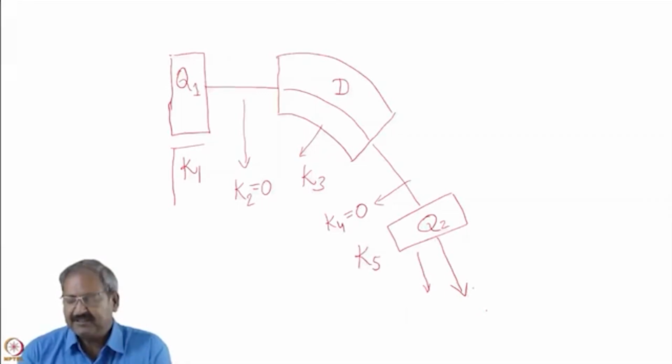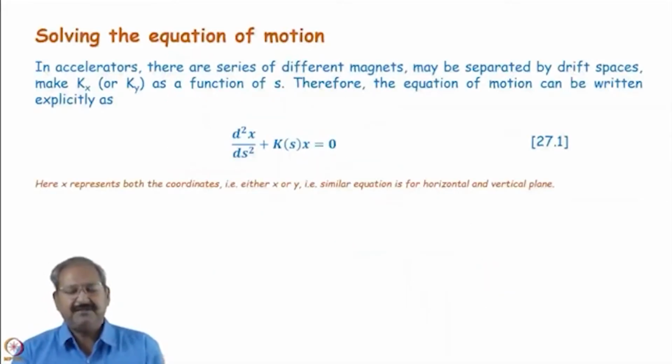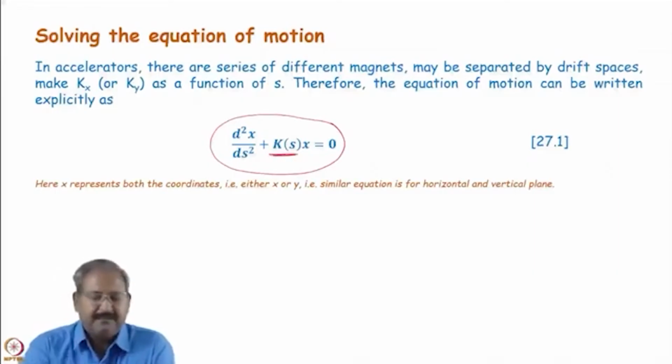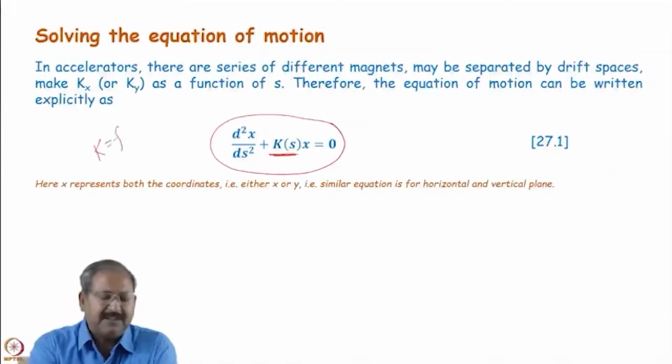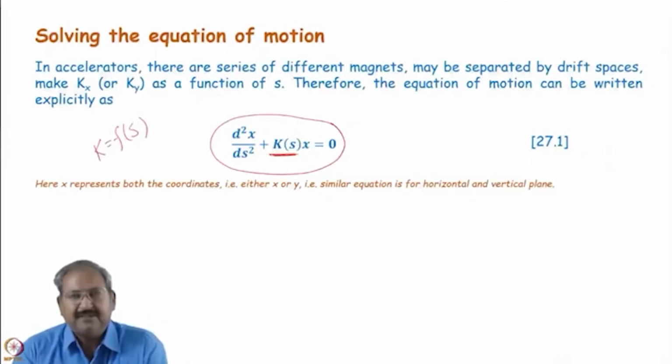And this optic axis in our coordinate system is designated by S. So we can see that the K varies over S. When K varies over S, we can write our differential equation explicitly in this manner, where K is shown as a function of S. This is the stark difference of this equation from that of the simple harmonic oscillator.